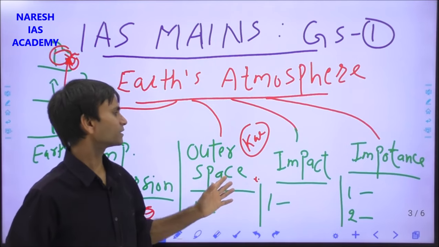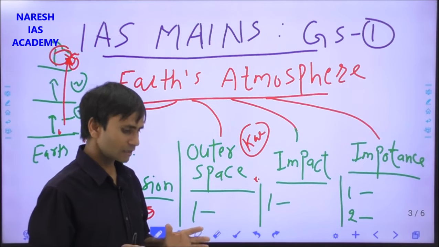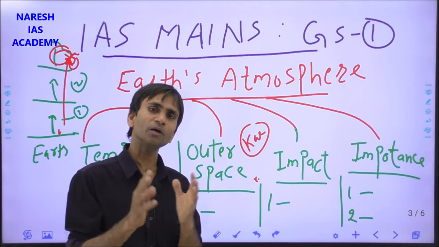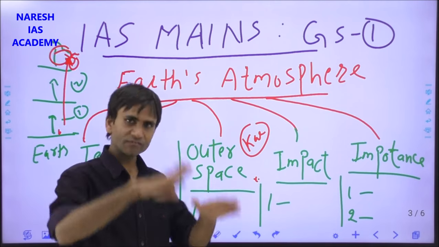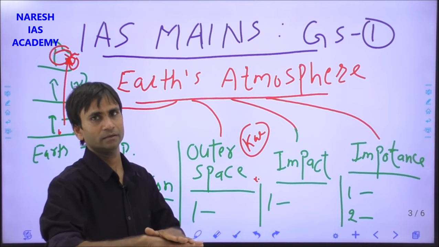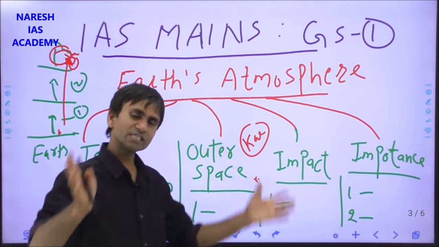And there are many other effects, like the concentration of air pollutants. The concentration of air pollutants definitely disturbs the heat budget of the earth.